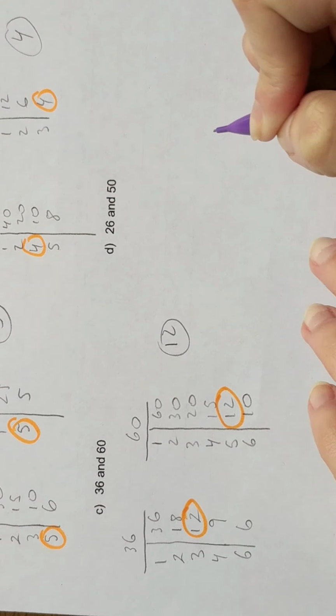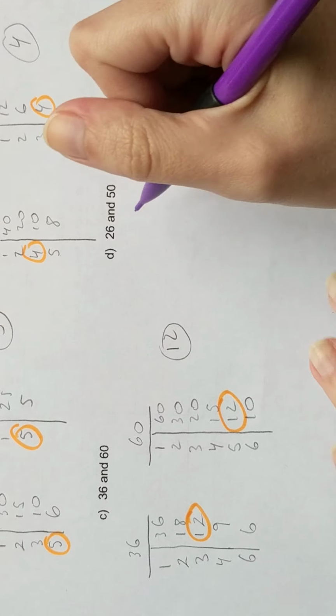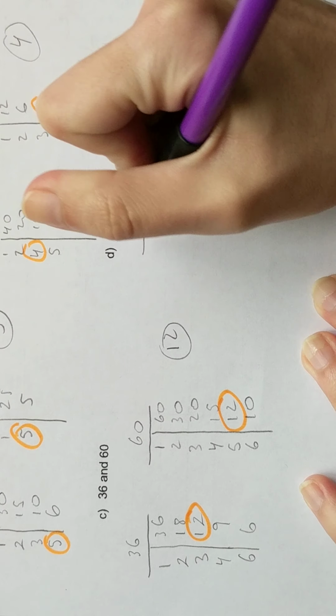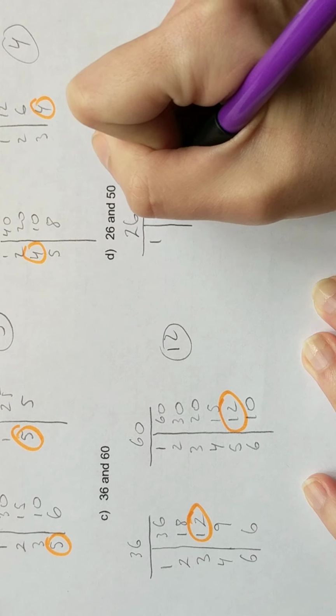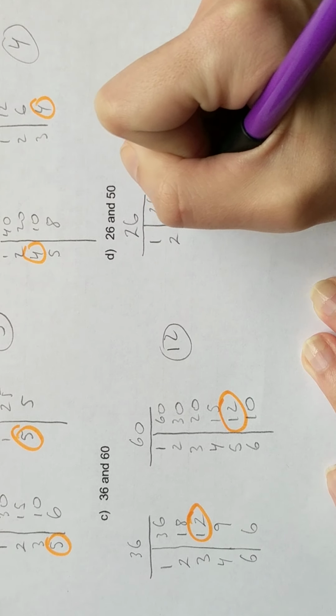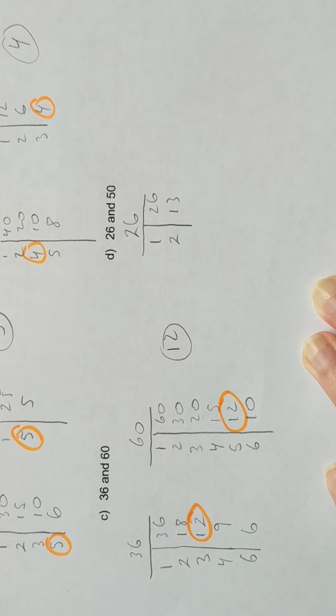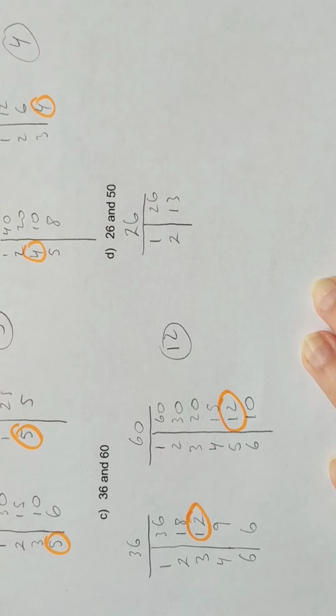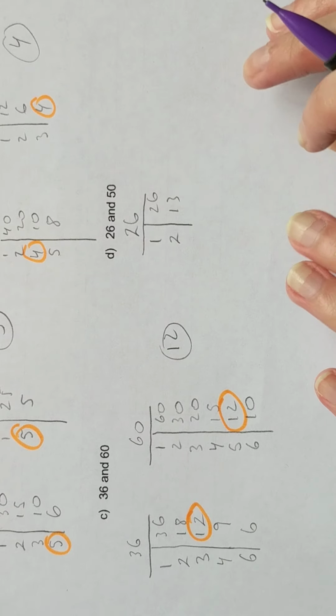Now let's do 26 and 50. Okay, we're going to list them for 26 first. 1 and 26, 2 and 13. 26 doesn't go into 3 or 4. As a matter of fact, nothing else. So we're pretty well done here.